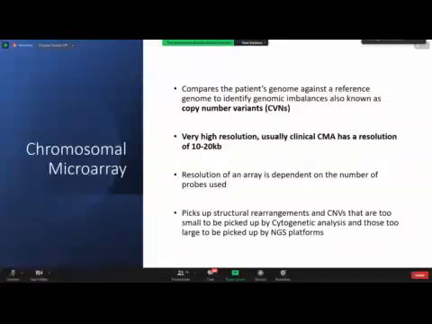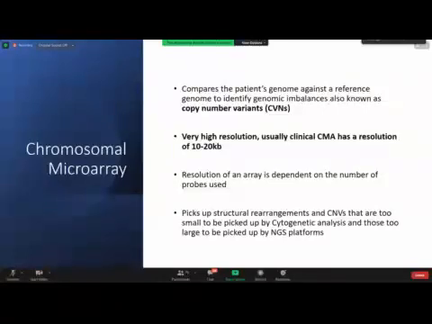And then it depends on the number of probes used. As I already mentioned, there are different numbers of probes in different commercially available microarrays. And it not only picks copy number variation, it also picks the structural variations that we get.